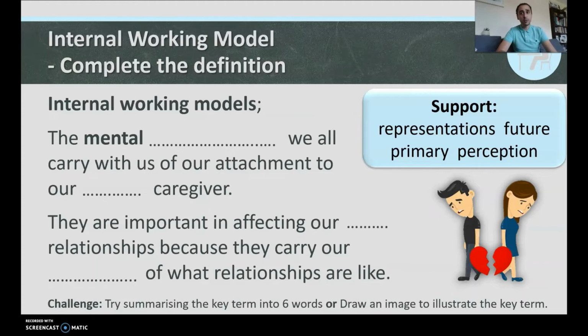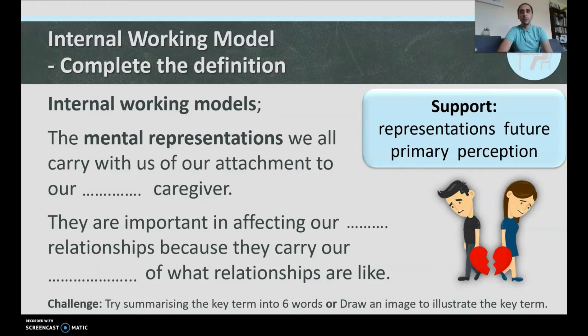It's important we have all these key words and we understand them and use them in our answers, because that shows that we're a higher caliber student. Internal working models are the mental, say it out loud so I can hear you, representations. Thank you. I know you're just sitting there, but say it out loud. Why not?